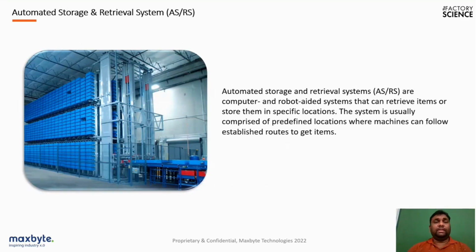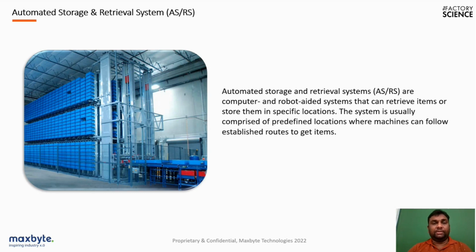Storage and retrieval systems are now becoming very common for very large manufacturing industries, where the materials will be stored automatically and retrieved automatically in terms of a multiple rack based system, pallet based system or a bin based system. Whichever is convenient for them, the materials will be stored accordingly and retrieved accordingly.